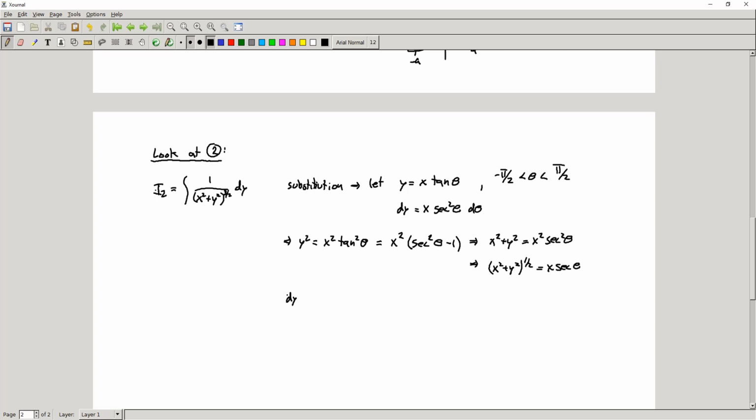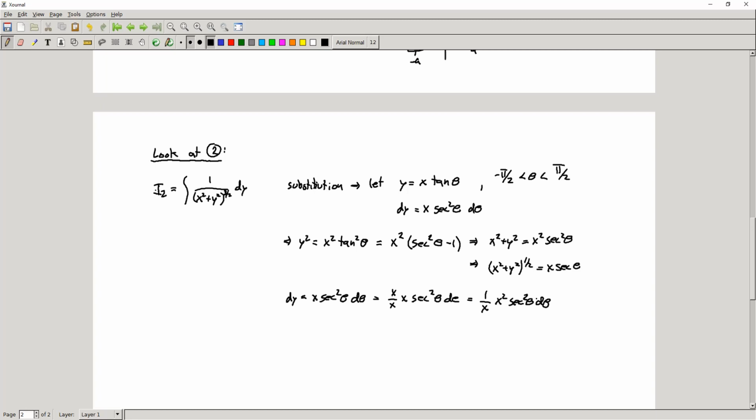So dy, which we have up here, is going to be x sec squared theta d theta. Now I'm going to multiply through by an x over x here. So basically I can write x over x times x sec squared theta d theta. This is going to be equal to 1 over x squared sec squared theta d theta.